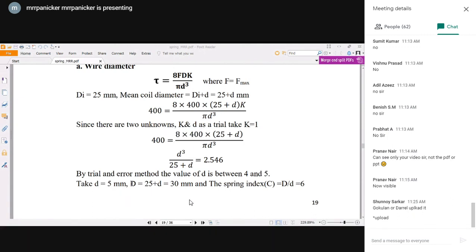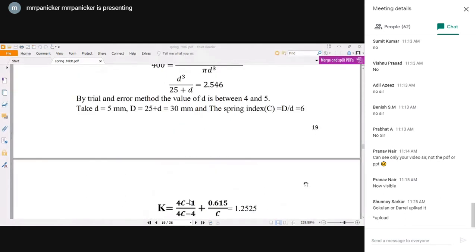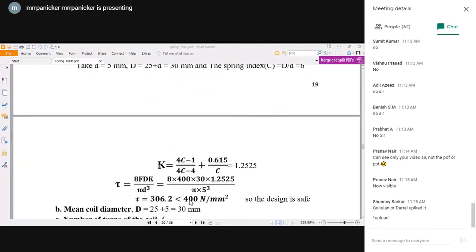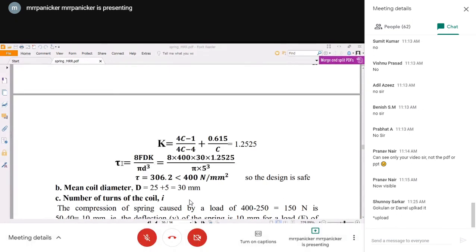So D will be 30, 25 plus 5, index is 6. Once the index is calculated, you can calculate the Wahl stress factor. Then you can go back, including K, and calculate the stress induced.